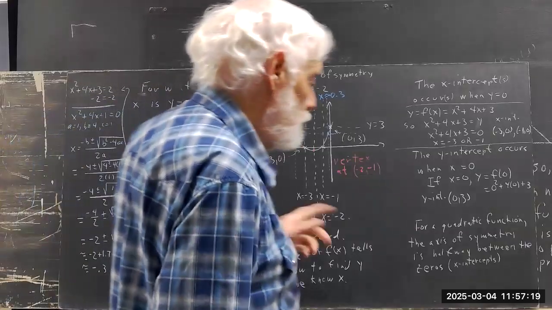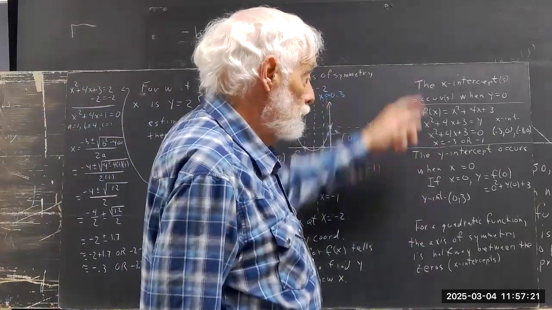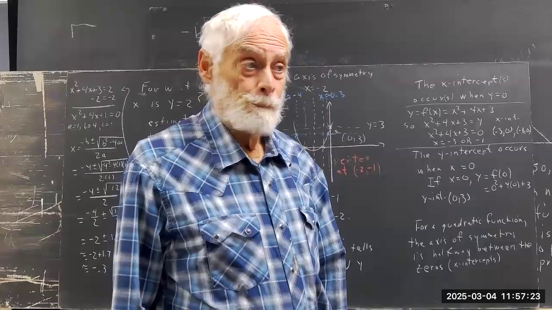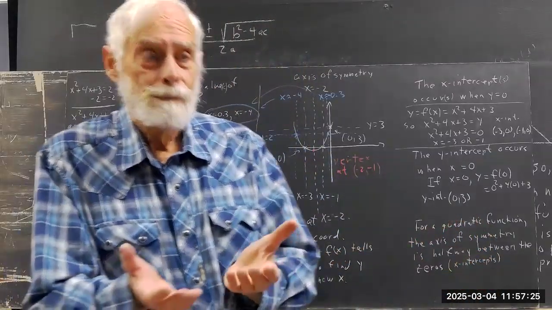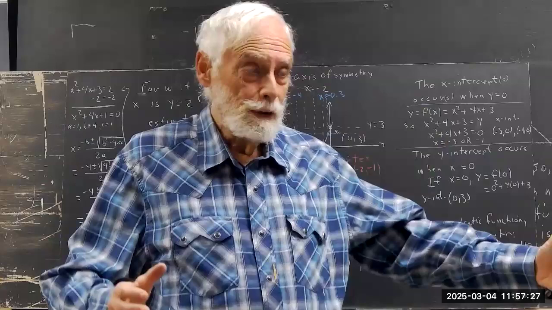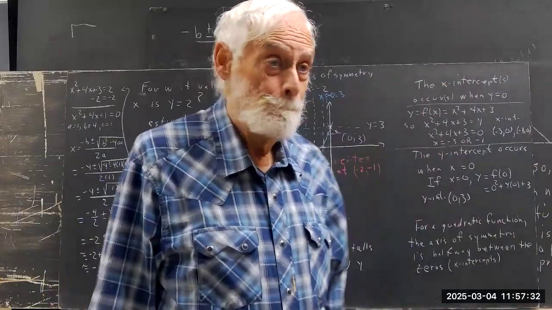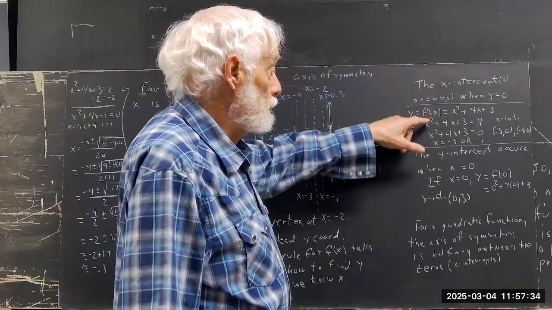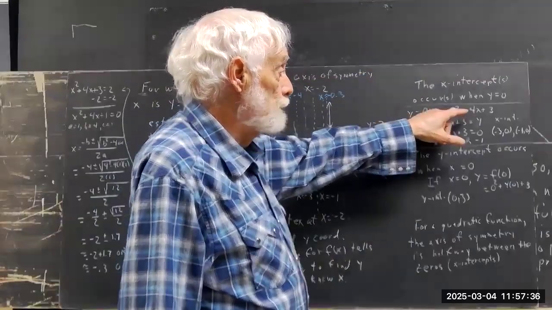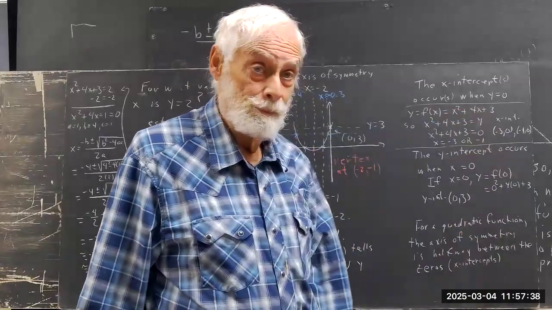Now, the second section of the upcoming chapter is on quadratic functions. Quadratic functions are just vertically stretched, horizontally and vertically shifted toolkit squaring functions. The function that we're going to look at today is f of x equals x squared plus 4x plus 3.